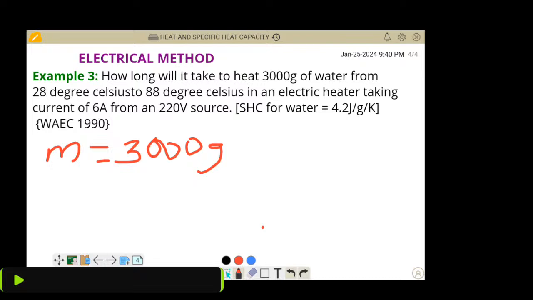Okay, and also we have the θ1 of the water, the initial temperature of the water, as 28 degrees Celsius.